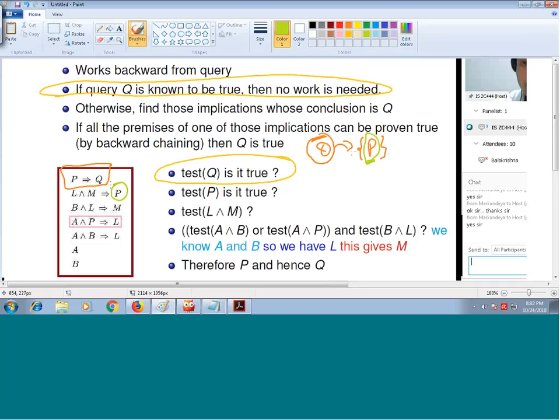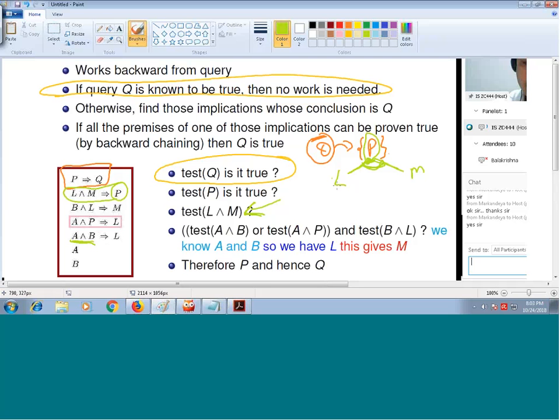This is the only formula that includes P, and it tells that L and M both should be true. It is an AND, so only if both are true am I happy. For L, there are two possibilities: A and B, if they are true.